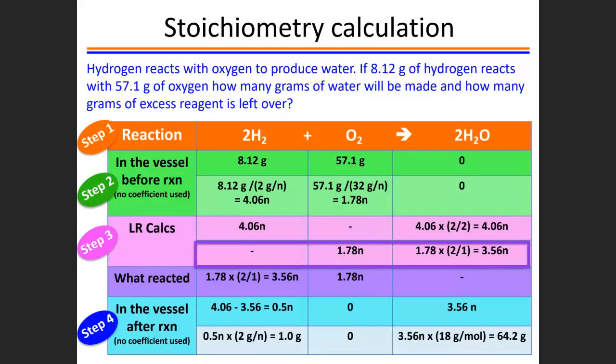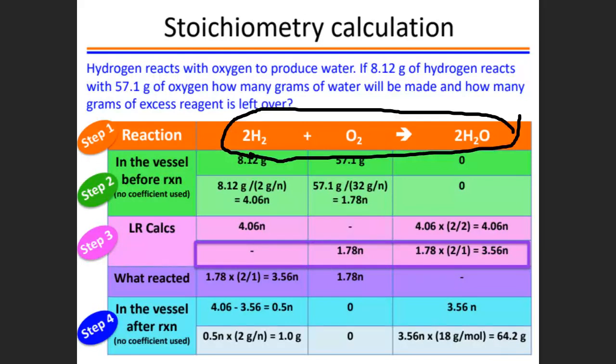Sorry. If 8.12 gram of hydrogen reacts with 57.1 gram of oxygen, how many gram of water will be made and how many grams of excess reagent is left over?